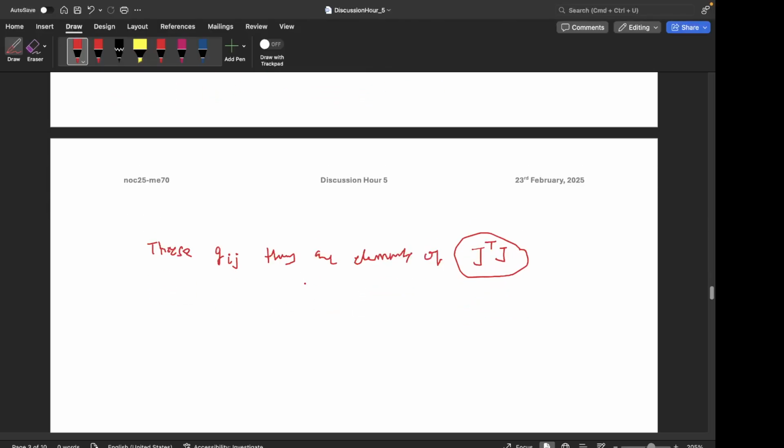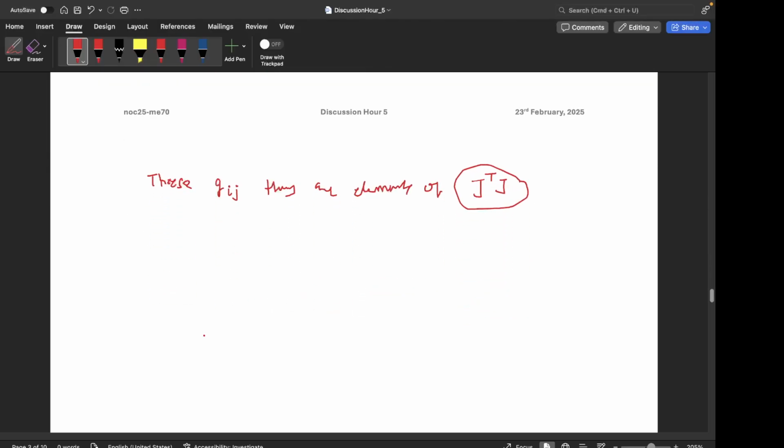So basically, let's say we have a condition that my joint velocities have to satisfy this criterion.